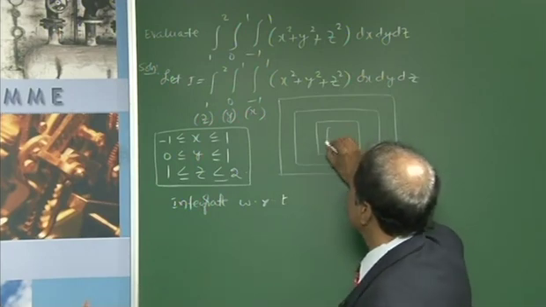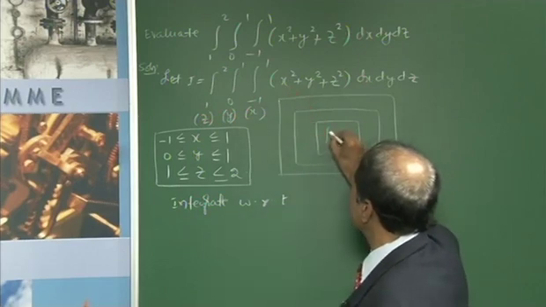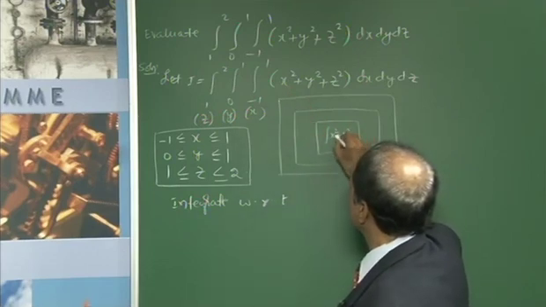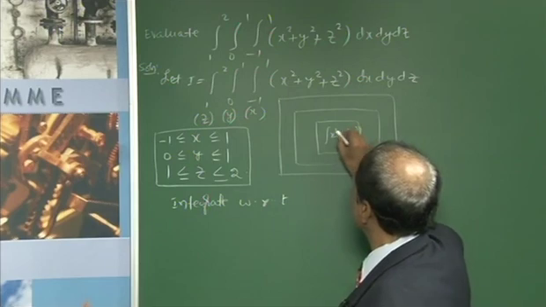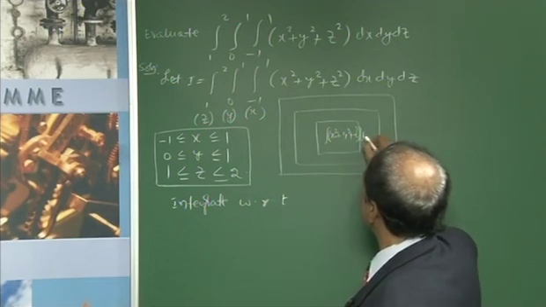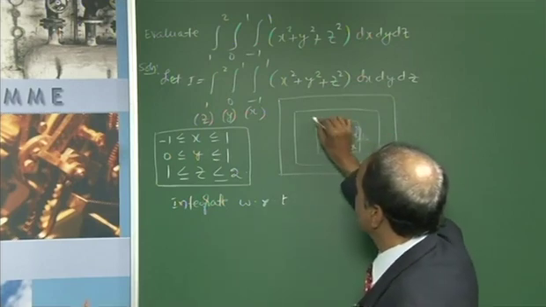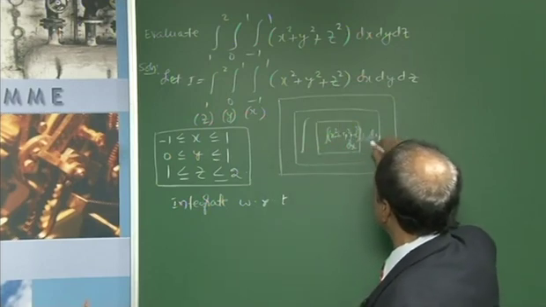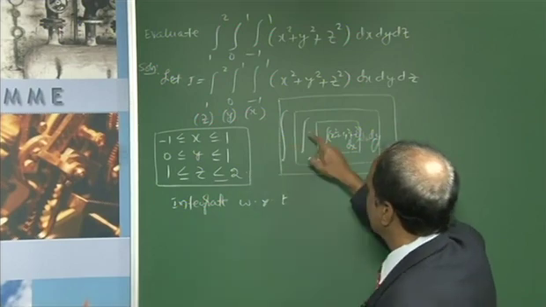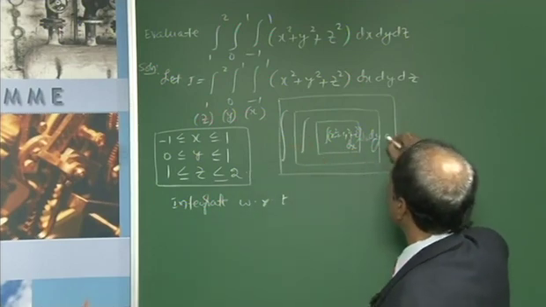Now this is the triple integral of x square plus y square plus z square, that is dx for the innermost integral, then dy for the middle integral, then dz for the outermost integral.